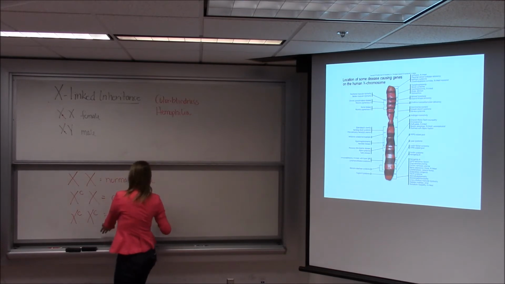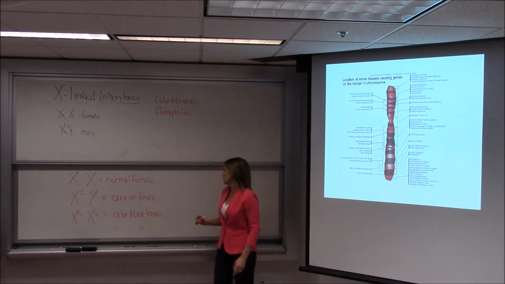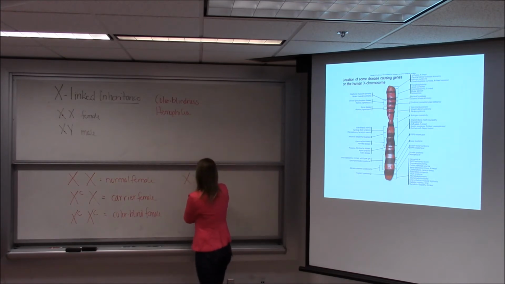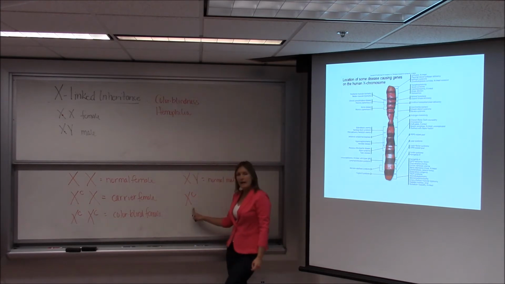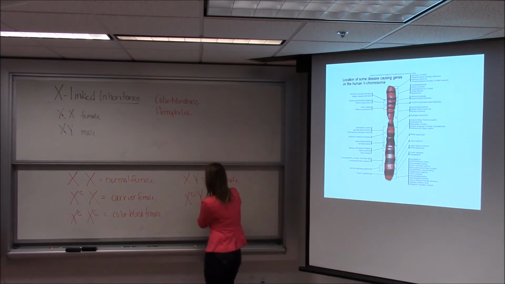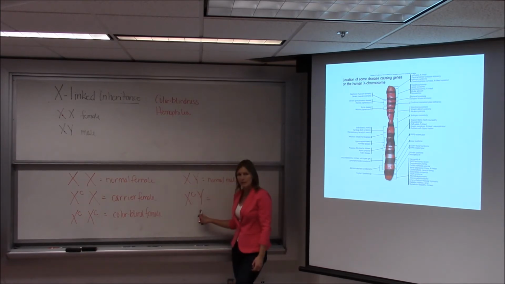Males only have two possible genotypes: normal, meaning no disease, normal copy of that gene. If his X has the colorblind allele, he will be colorblind. He does not have another normal copy of that recipe.